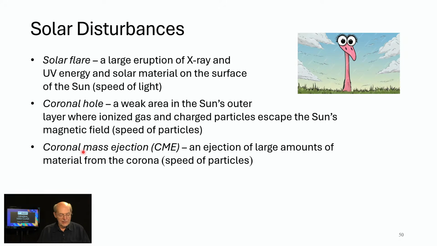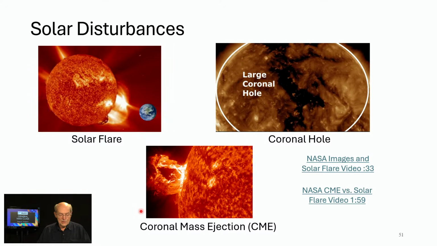A CME is related, similar to a coronal hole, in that it's an injection of large amounts of material from the corona, and it comes at us at the speed of particles. All these things are going to disturb our ostrich. All of these can disturb HF communications. So here's some images in some wonderful videos here on the NASA site.